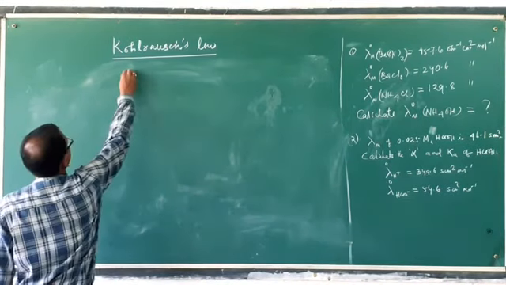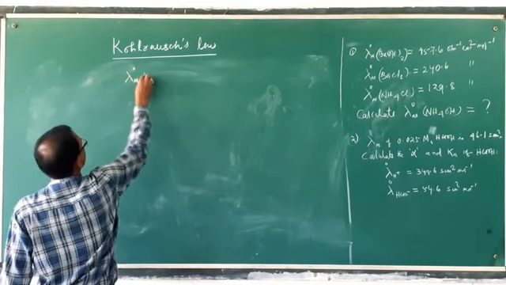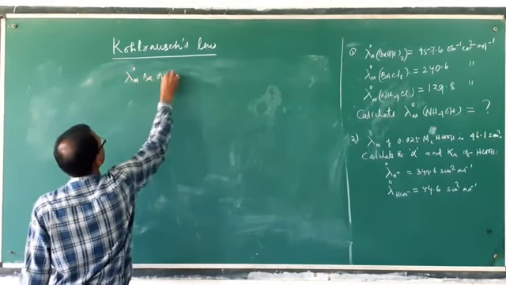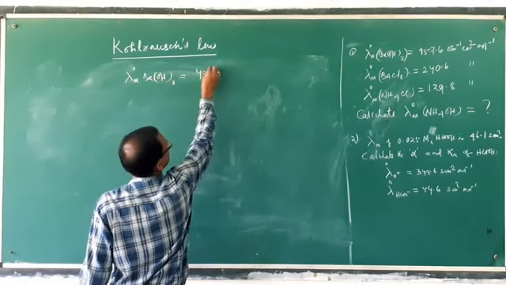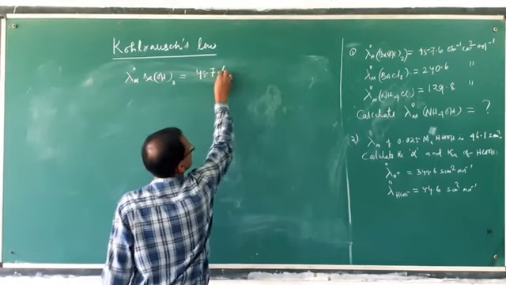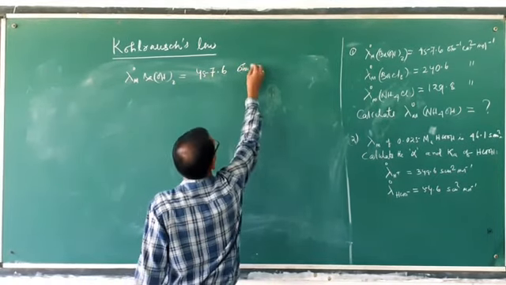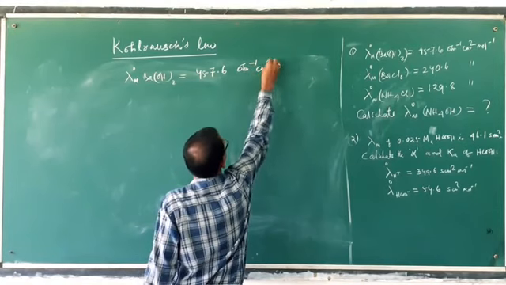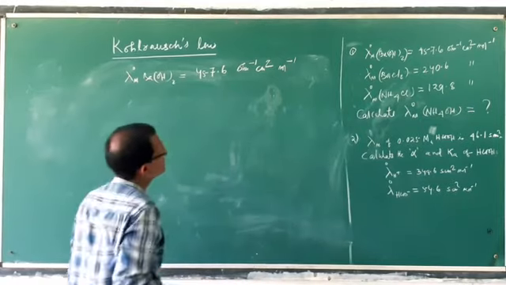Here the given data is lambda m naught of barium hydroxide, the value is 457.6, in ohm inverse centimeter square mole inverse.